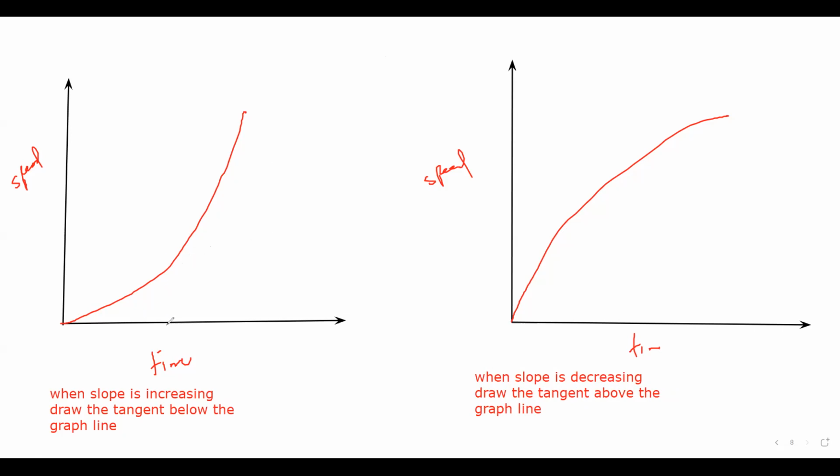For example, if this is the time axis 1, 2, 3, 4, and here also 1, 2, 3, 4. So if the question is acceleration when time is equal to 2 for both graphs, what we will do is mark a point where time is equal to 2 and draw a tangent below the graph line.